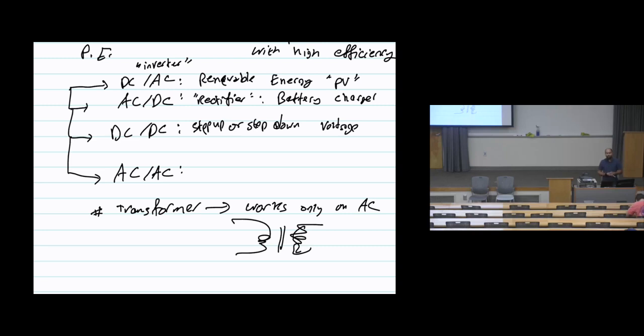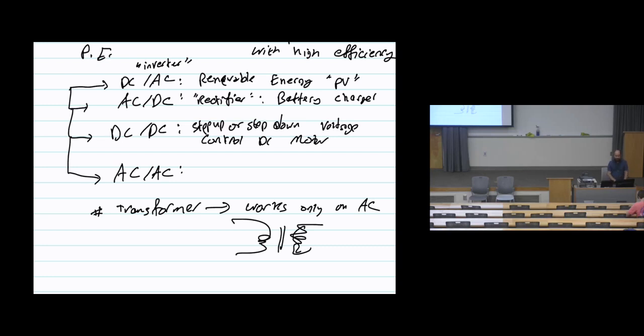So using the DC to DC converter, we can control the DC motor: I can make the voltage higher, then the speed increases; voltage lower, speed decreases. That's another application of the DC to DC converter. And of course, there are many more applications.